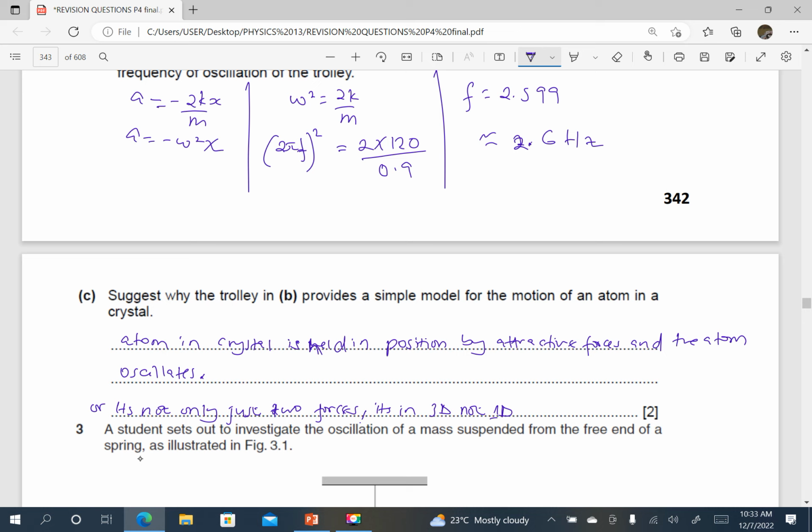And for atoms in a crystal, I don't think force is directly proportional to displacement. Force is not proportional to displacement.